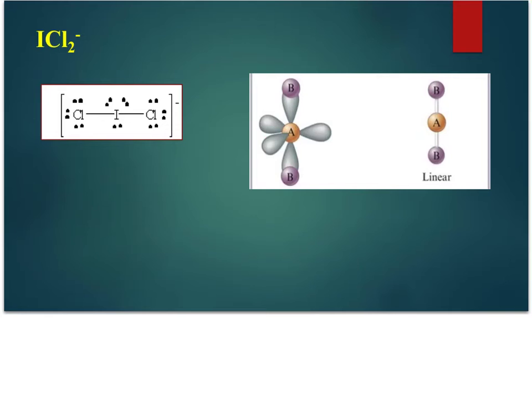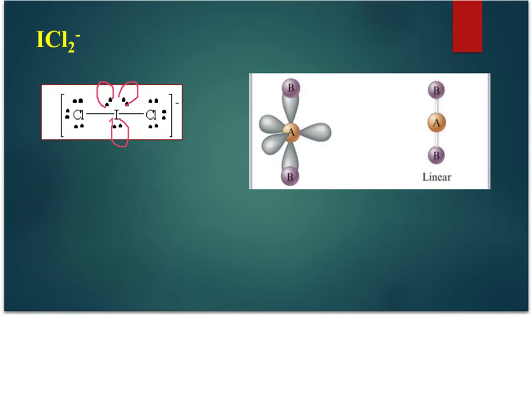All right, so let's look at this one here now. Iodine is our central atom. 2 chloride ions around it, so 2 chlorine atoms around it. So that's 2 areas of bonds, and we have 1, 2, 3 areas of lone pairs. So that's 1 area here, 1 area, 1 area.